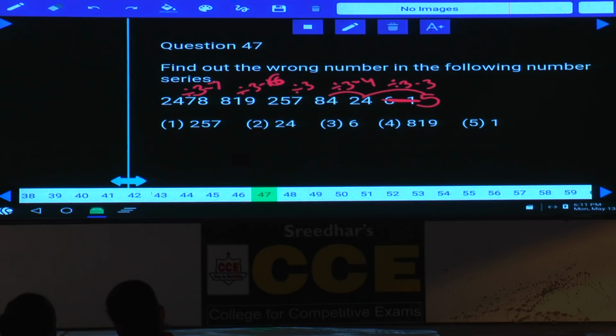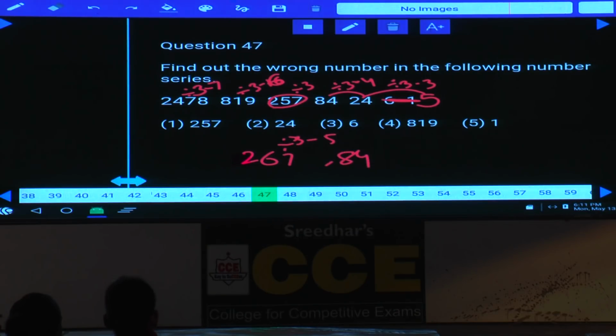Now if you take minus 6 here, 819 divided by 3 is so much? 273. 273 minus 6 must be 267. If it is 267, 267 divided by 3, tell me what is the number here? 89. 89 minus how much? Minus 5, that is 84.